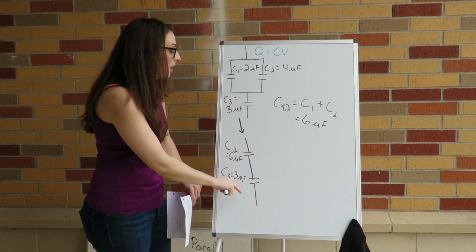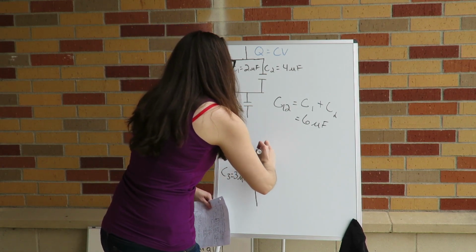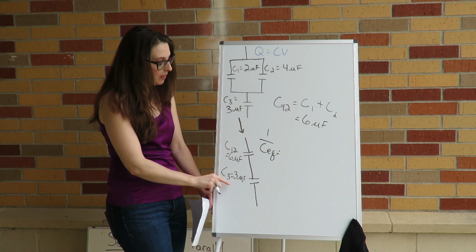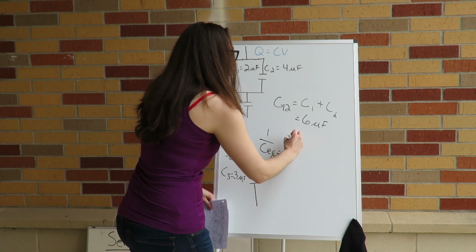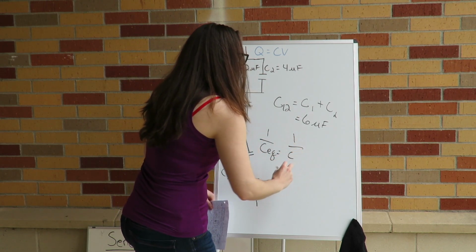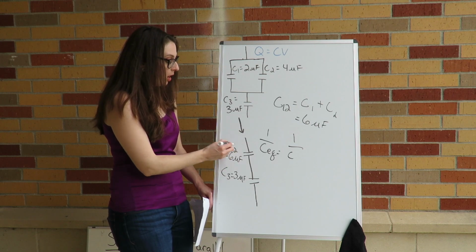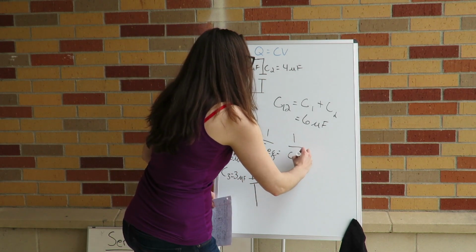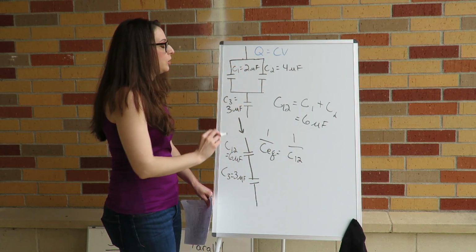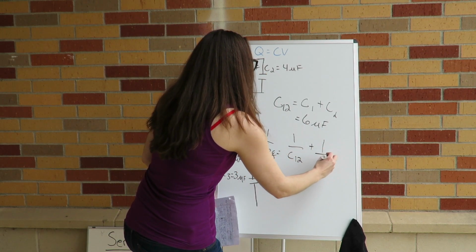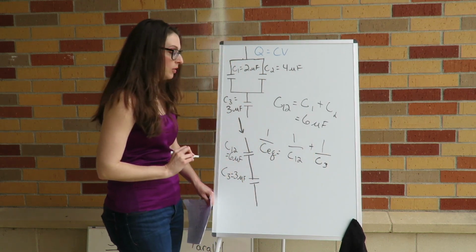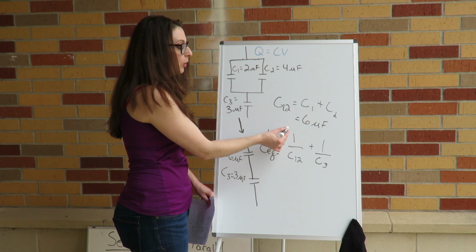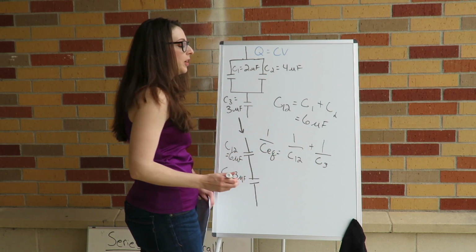And so the equivalent capacitance for these two in series is going to be given by 1 over the equivalent capacitance equals 1 over C12, which was the combination of these two in parallel, plus 1 over the capacitance of C3.